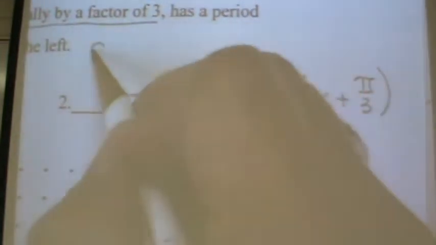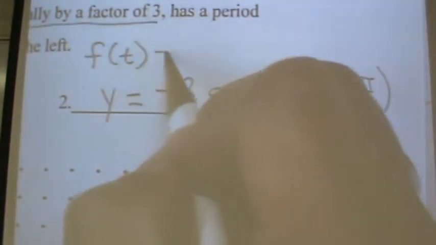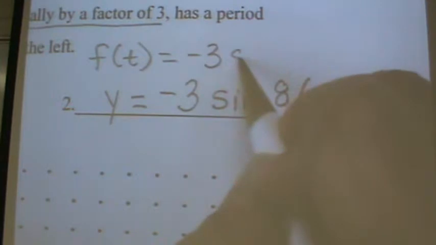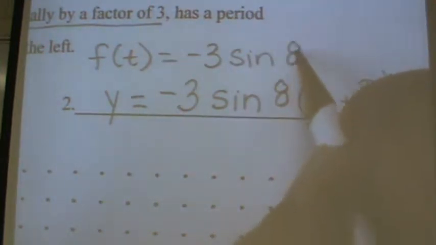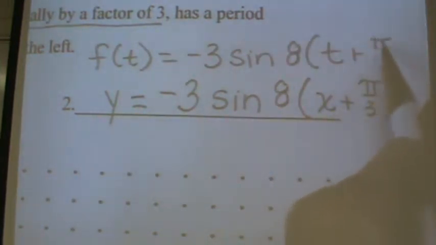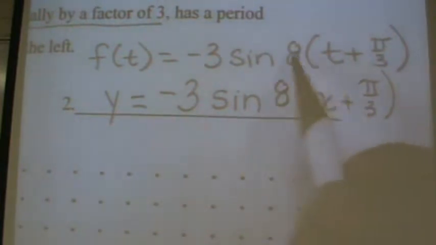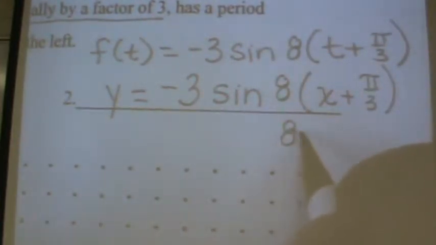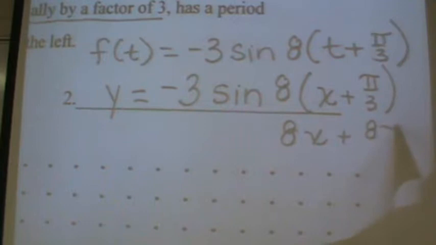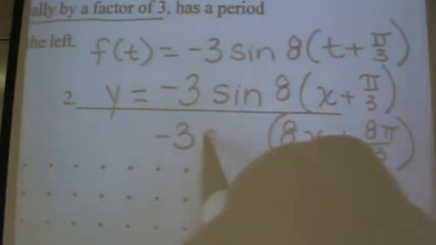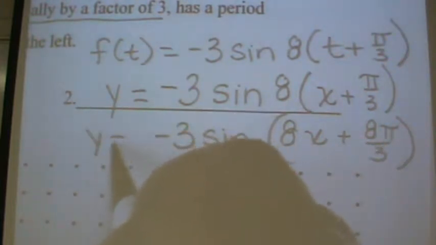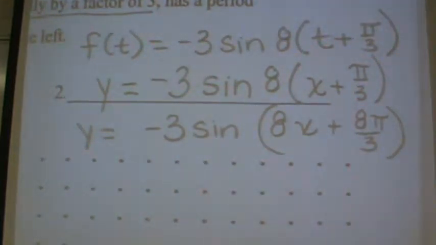You could have had f of t. And then this would be 8, and then t plus pi over 3. Questions, anybody? Now, if you were to distribute this 8, your answer would be 8x plus 8 pi over 3. That's another good answer. Questions? So 5 points for that.